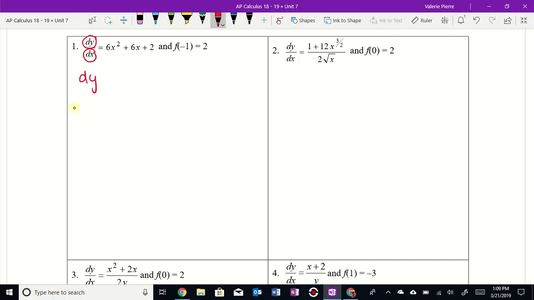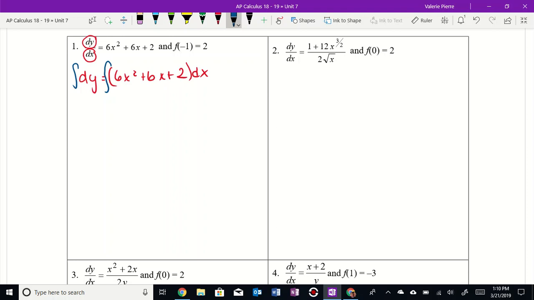So we'll have dy equals 6x squared plus 6x plus 2 times dx. Okay, so now we're in a situation where we have dy and dx on opposite sides. So we can take the indefinite integral of both sides of this equation.